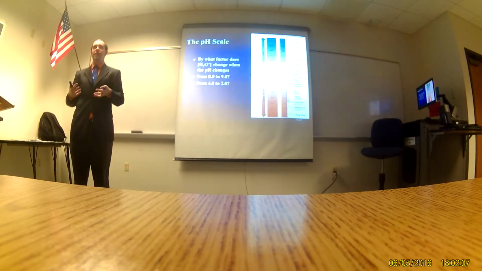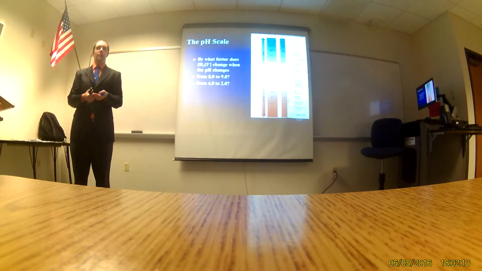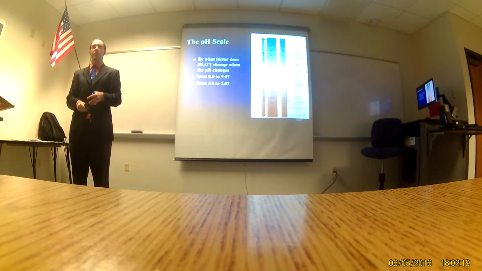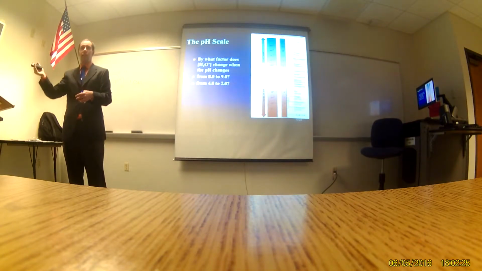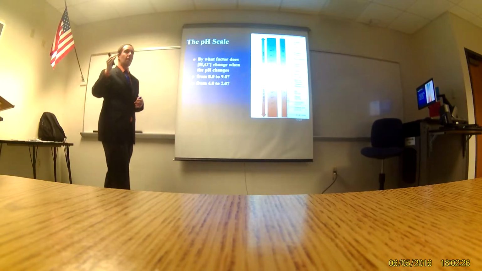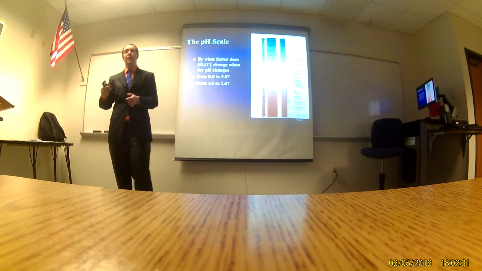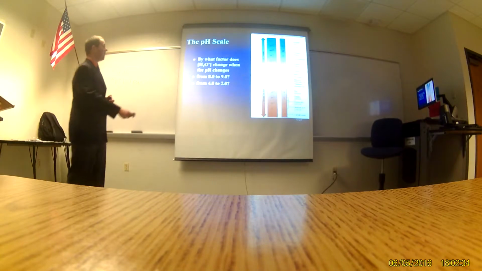A Richter scale 5 is 10 times stronger than a Richter scale 4. Anybody live in California or someplace with earthquakes? When you get into the 6th, 7th, and 8th, the damage from a 7 is a lot more than the damage from a 6, because a 7 has 10 times more energy than a 6.